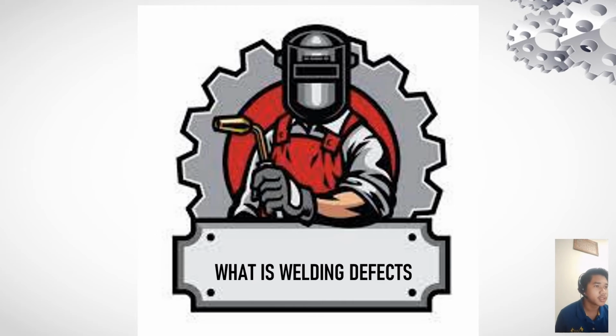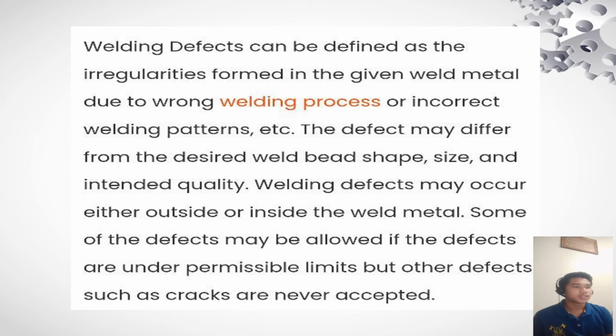Hari ini saya akan membentangkan tajuk 7.5.1 welding defects. What is a welding defect? Welding defects can be defined as the irregularities formed in the given weld metal due to a wrong welding process or incorrect welding patterns, etc. The defect may differ from the desired weld bead shape, size, and intended quality.